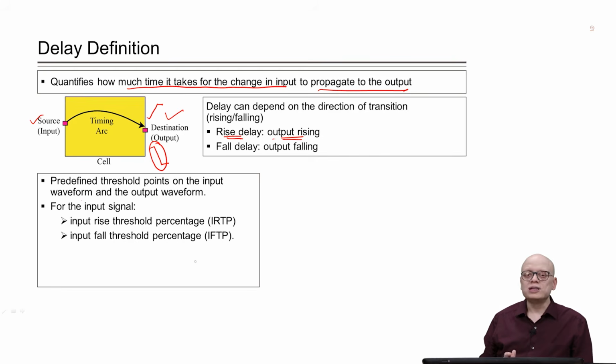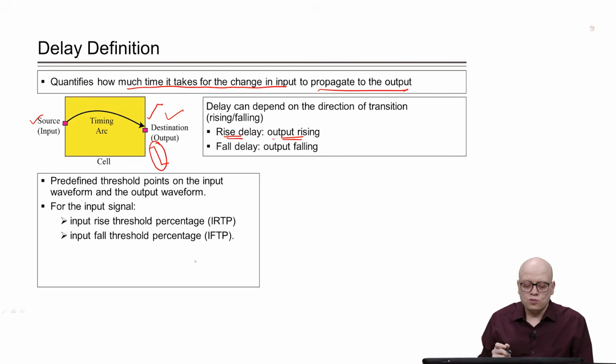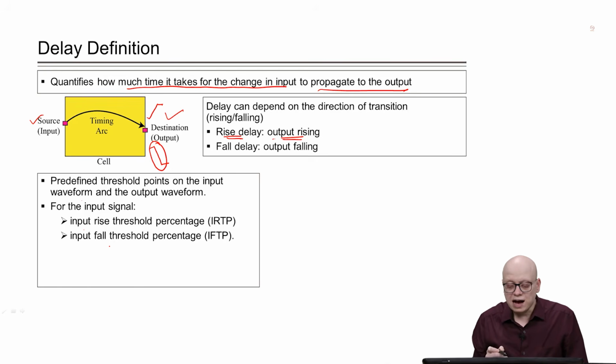Now, the input signal can be either rising or falling. For the case when the input signal is rising, we define input rise threshold percentage IRTP, and for the falling case input fall threshold percentage IFTP.